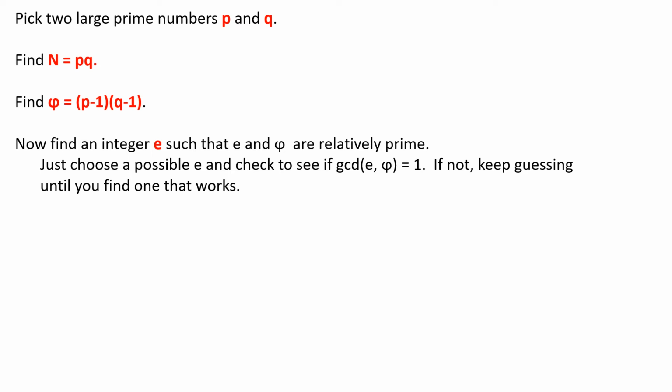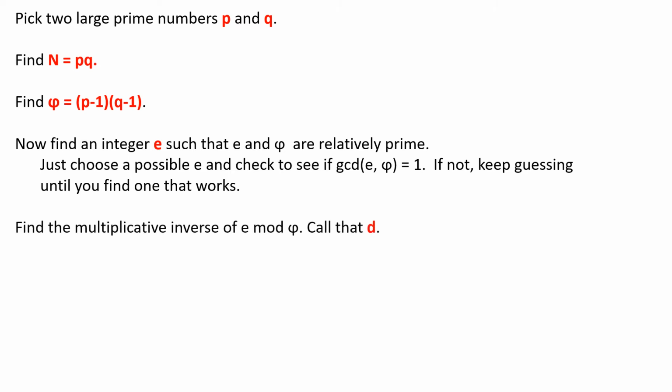If they're not, you can go through the Euclidean algorithm real quick to find the GCD of the two numbers. And if the GCD isn't equal to 1, then you just keep guessing, try another E until you find one that works. Now, I don't think in the examples that you're going to do, you're actually going to have to come up with an E. You'll be given problems where you're already told what E has been used.